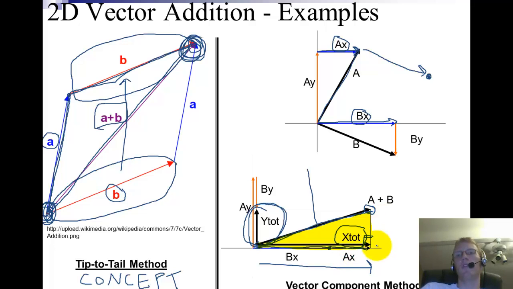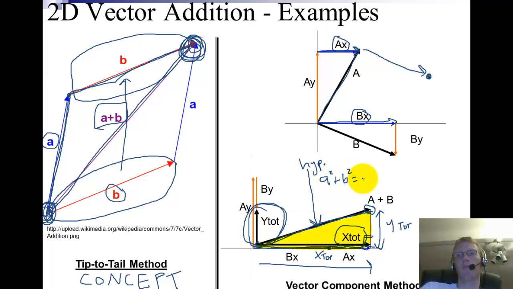And so you know that this vertical length here is one of the two bases, and that's y total, right? And you know that this base here is x total, and you're trying to find the hypotenuse. So you're going to use Pythagorean theorem, which is a squared plus b squared equals c squared.